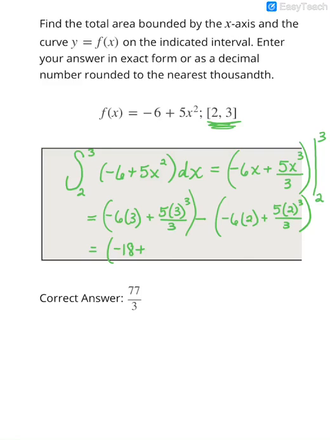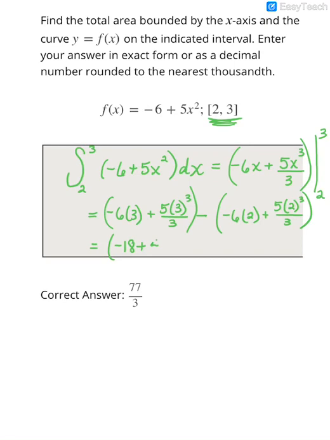And if we multiply 27 times 5 and then divide that by 3, we're left with 45. And then we have a -12 plus 5 times 2 cubed, which is 8 times 5, would give me 40. Divided by 3 would be a decimal, so we're just going to leave that as 40 divided by 3.